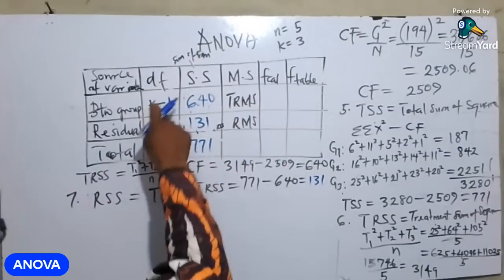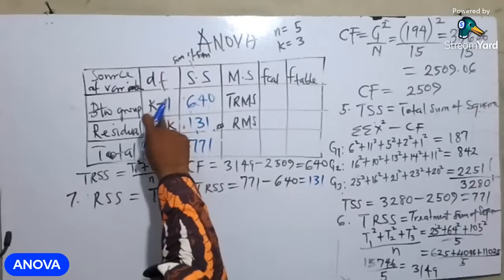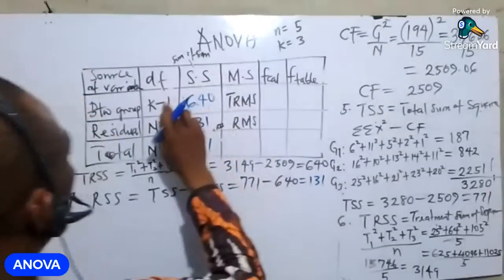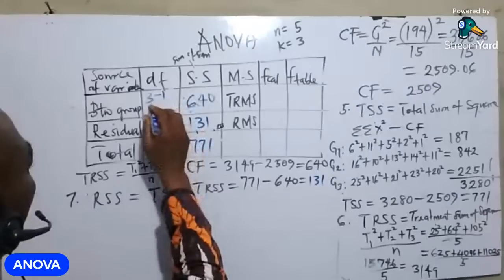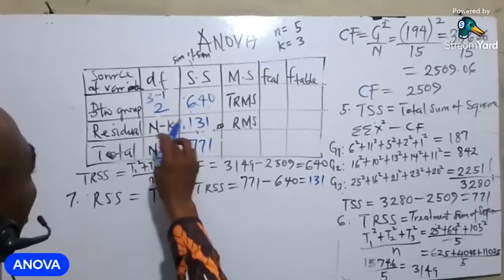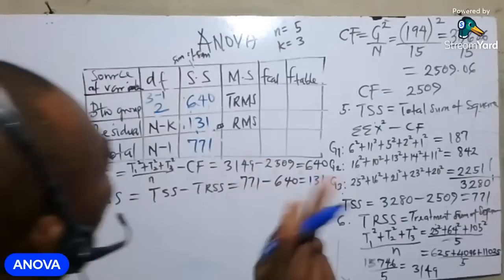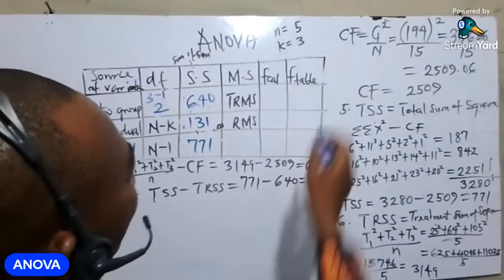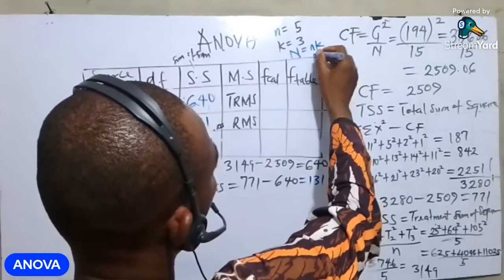So like I said, let's quickly take care of this. K minus 1. Our K is the number of groups, so just take 3 minus 1. That is 2. Then N minus K. Our capital N is small n, the number of observations, multiplied by the number of groups, which is 15.